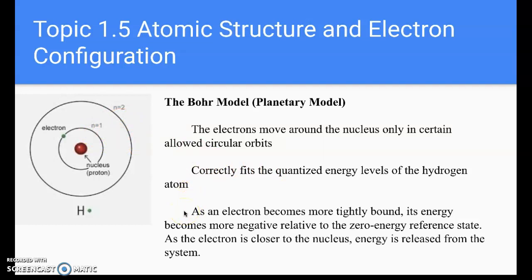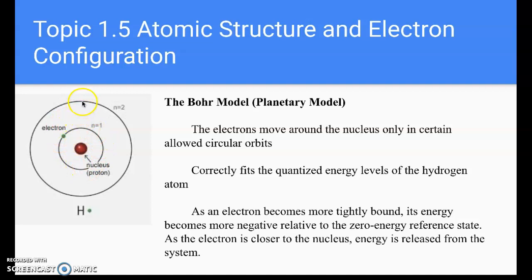As an electron becomes more tightly bound, its energy becomes more negative relative to the zero energy reference state. As the electron is closer to the nucleus, energy is released from the system. Okay, so what that means is electrons have a certain amount of energy. You have an electron on the first energy level close to the nucleus.